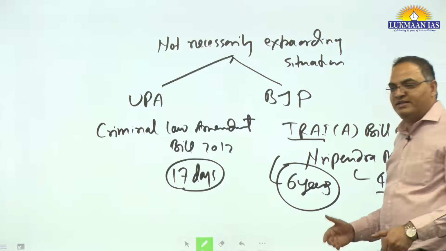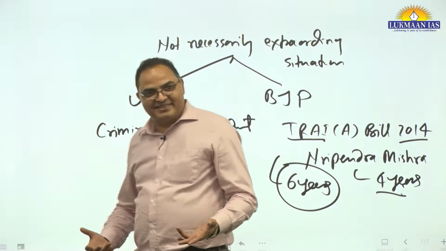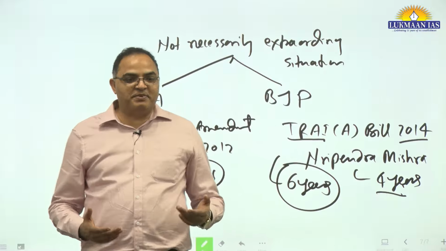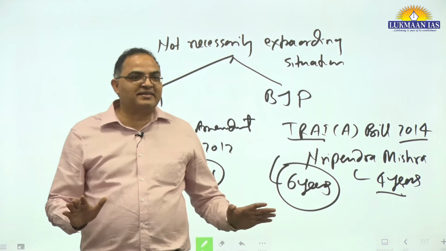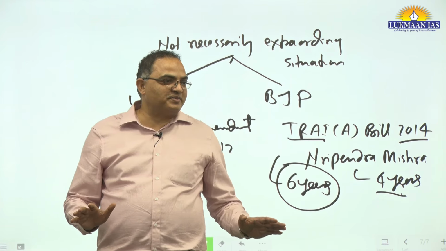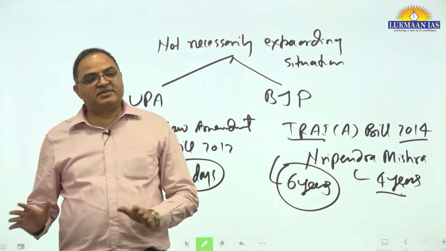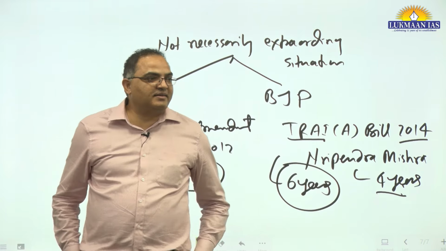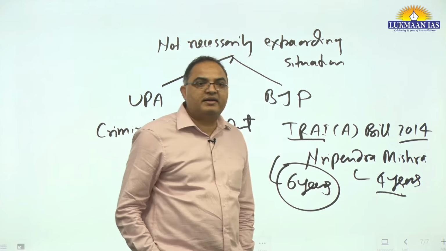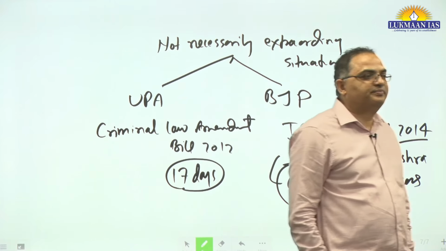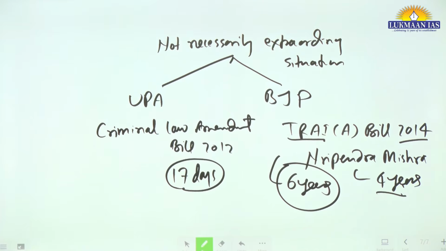The rise of the PMO is extra-parliamentary. It resembles the presidential system, not the parliamentary system. The more the rise of the PMO, the less the healthy convention in parliamentary democracy. So the government should have waited for at least 4-5 months.